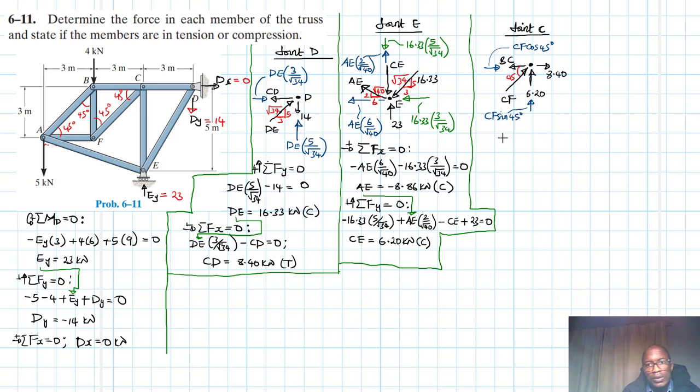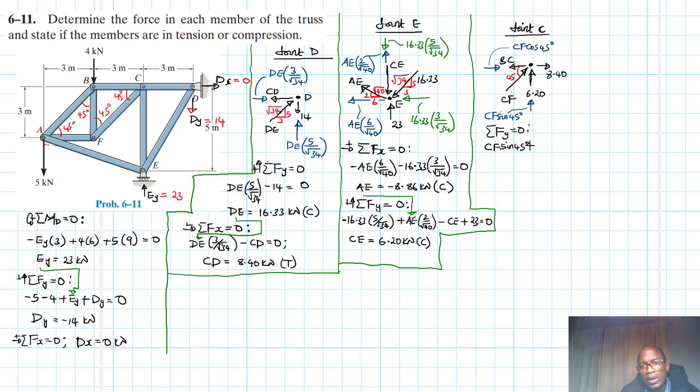Great. So we have summation of forces in the y direction equal to 0. So we have CF sine 45. We assume this one to be in compression, right?